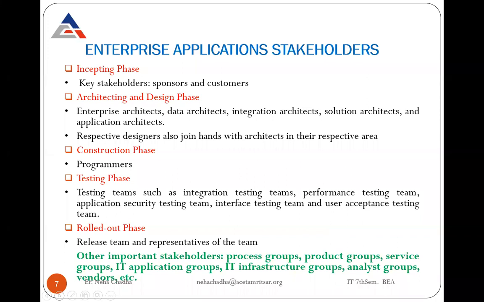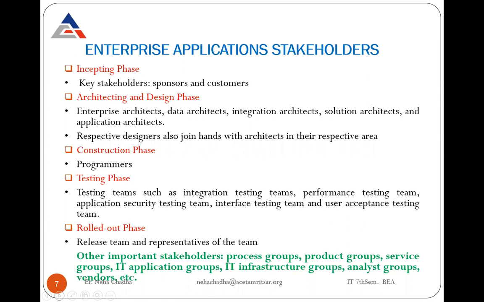Another person may have the designation of data architect, and another the designation of integration architect. Let's take an example: one person working on data is called the data architect, but another person working on integration, combining the data objects, is called the integration architect.